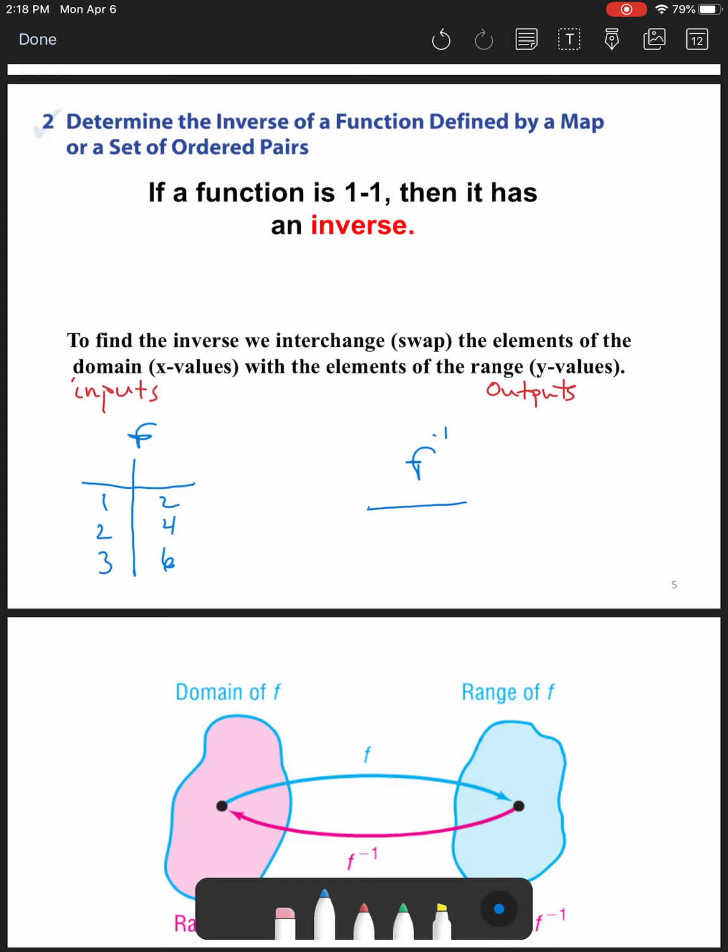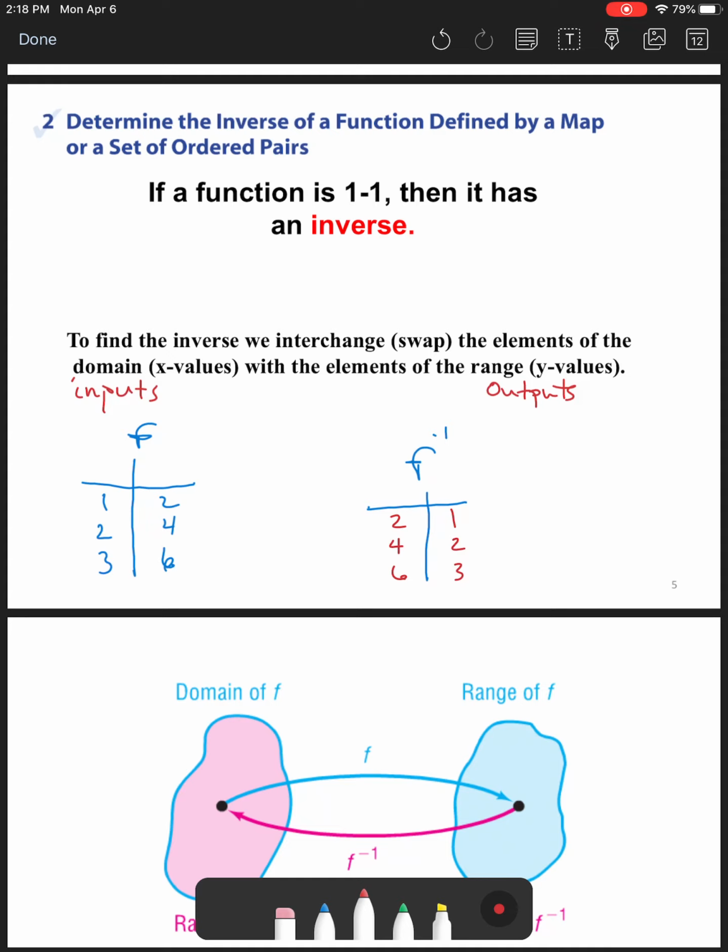So the inverse function, we said to swap the inputs and the outputs. So the inverse function would be, so we have 2, 4, 6, and 1, 2, 3.